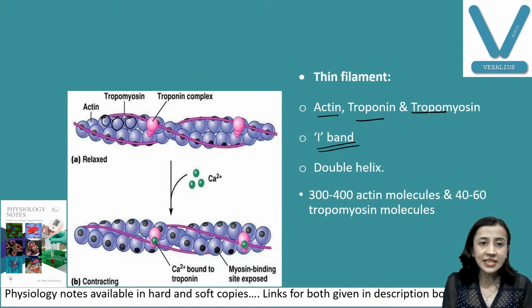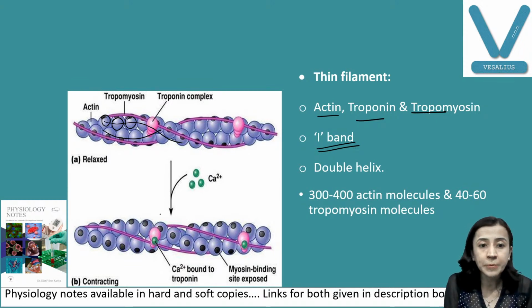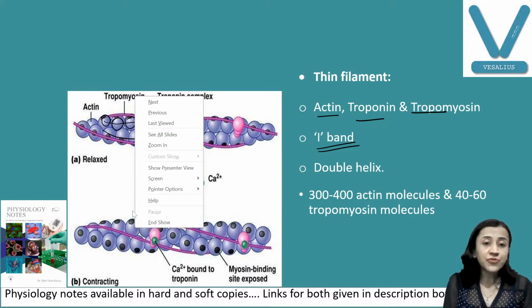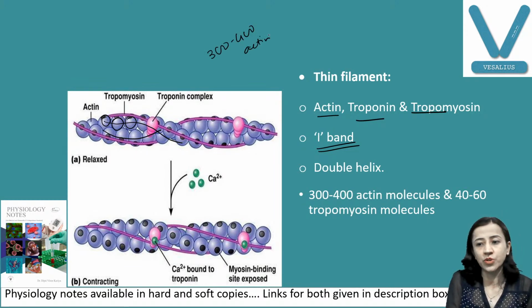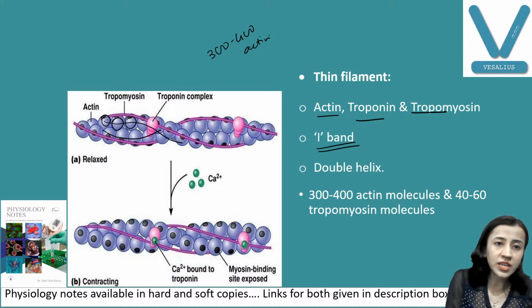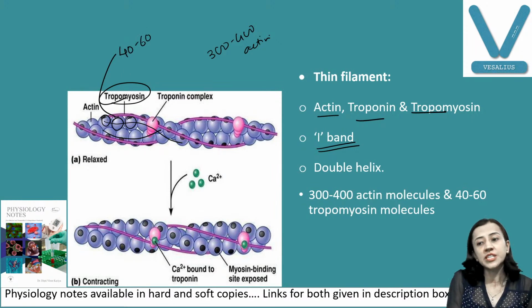And helical chains are there, a double helix is formed. Each thin filament has about 300 to 400 actin molecules, and each tropomyosin filament contains about 40 to 60 tropomyosin molecules.